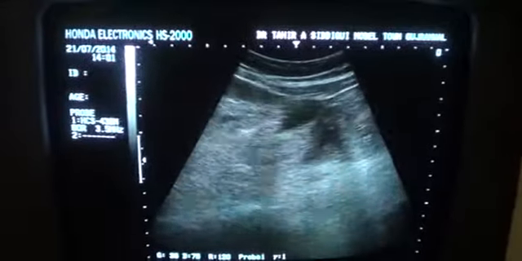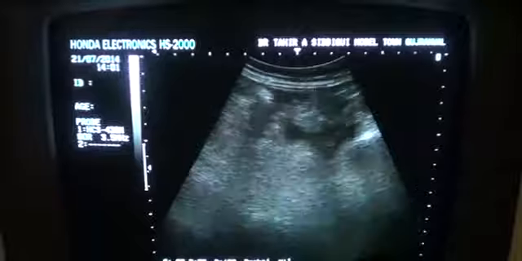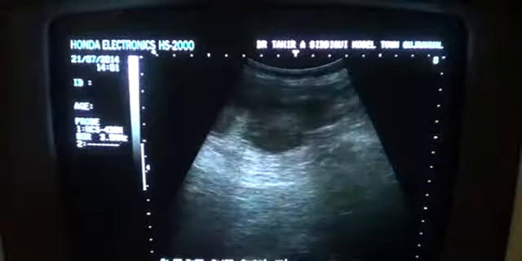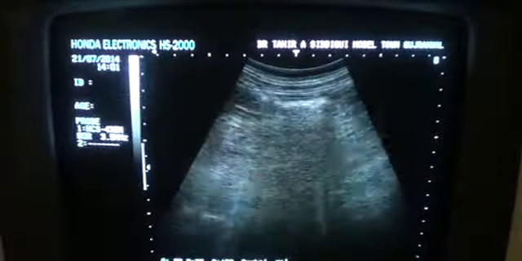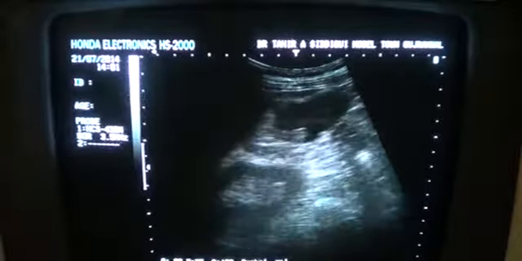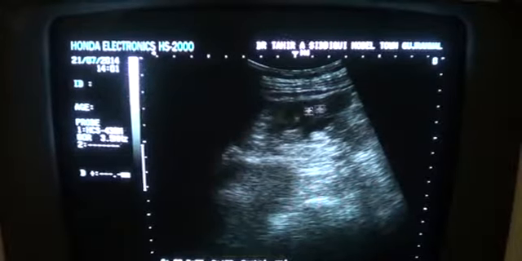Here upwards we can see fluid in the paracolic gutter. This is the right paracolic gutter, and this is the left paracolic gutter. Here you can see fluid. Ascitic fluid is there. This is a small amount of fluid seen here.